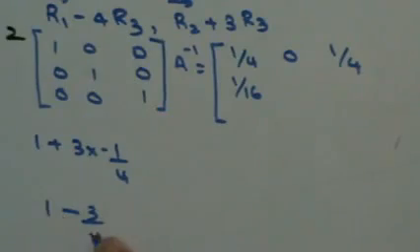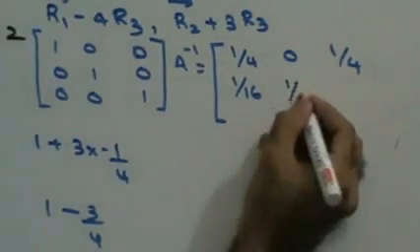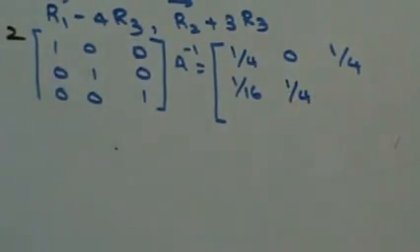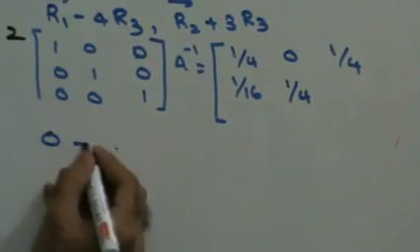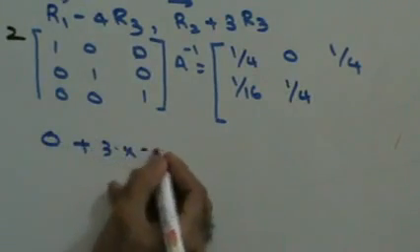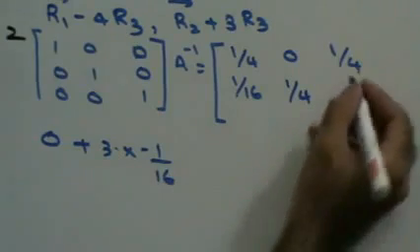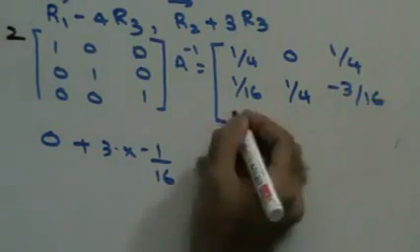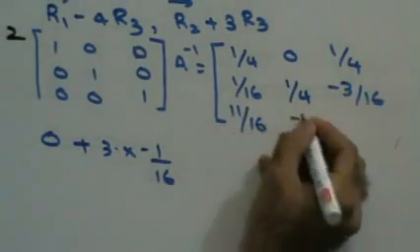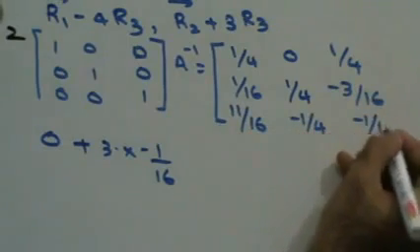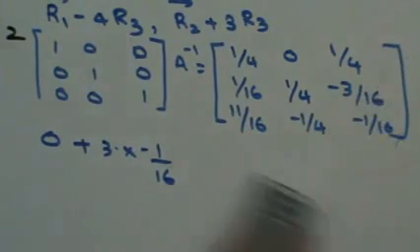You have 1 plus 3 into minus 1 by 4. So you have 1 minus 3 by 4. 4 minus 3, that's 1 by 4. Next. 0 plus 3 into minus 1 by 16. So that's minus 3 by 16. 11 by 16. Minus 1 by 4. Minus 1 by 16. Right?